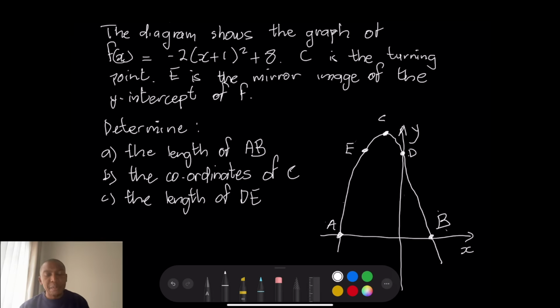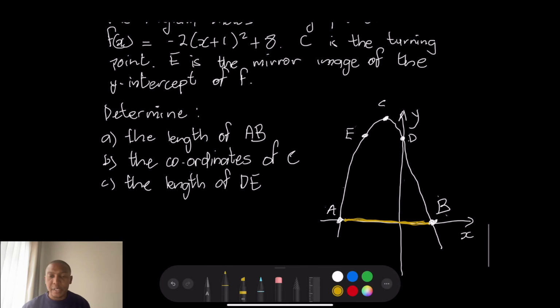Now they say determine the length of AB. If you notice there, when we're looking for the length of AB, which is that yellow line over there, in order for us to obtain that, we would have to find the x values of our x-intercepts.